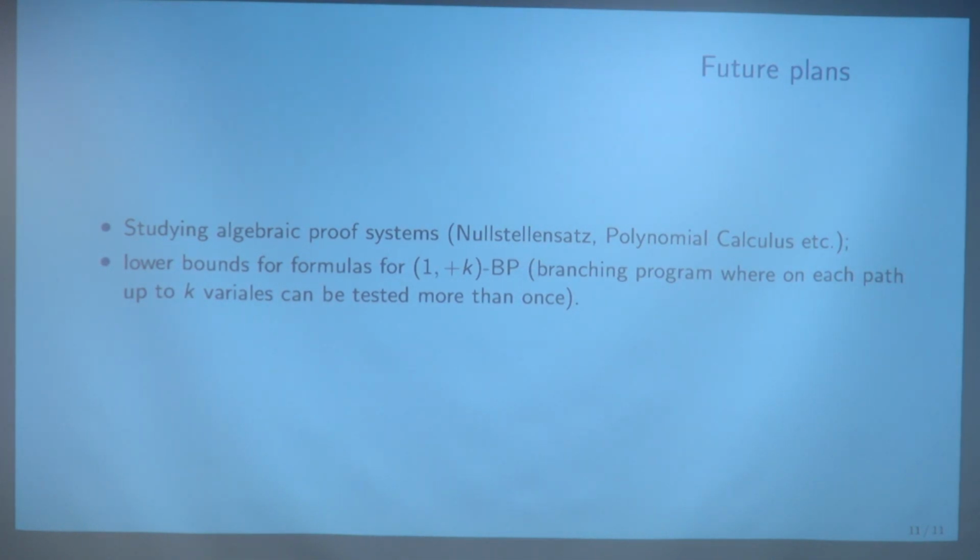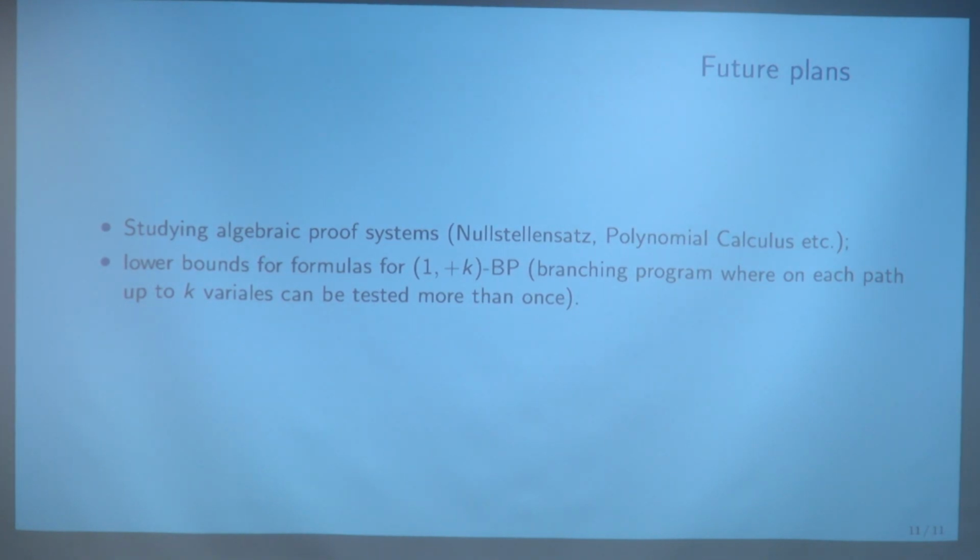They can sum things up, so that could help to understand Frege with mod p gates. In my bachelor thesis, I have a result connected with the Nullstellensatz proof system, and now I'm currently trying to strengthen it. And I wrote about it in this A4 page I sent to the jury.